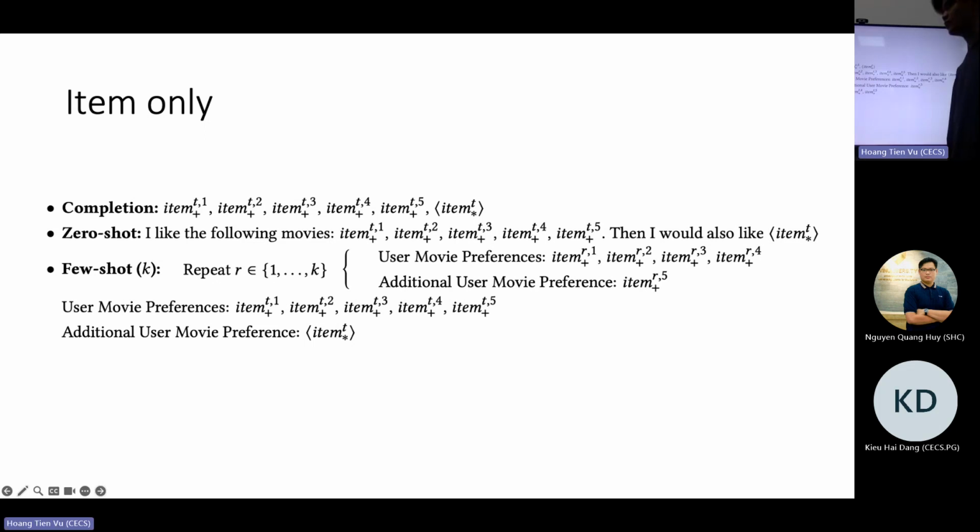What is different? Yes. And in this case, the output is also different between the different settings or different styles. In this case, the output is also a special token or some special tokens representing the item that needs to be predicted.